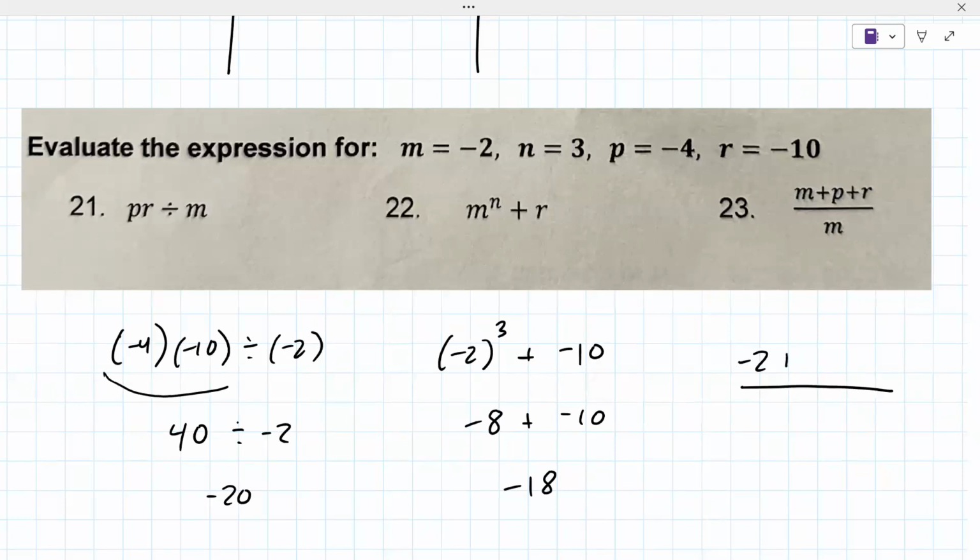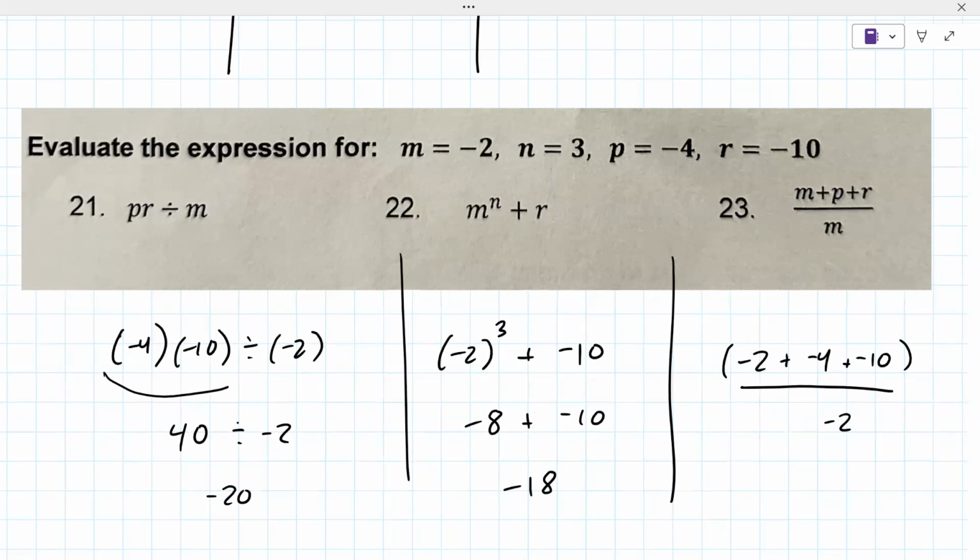-2 plus negative 4. Make sure you do what's in the top first. Then 10.